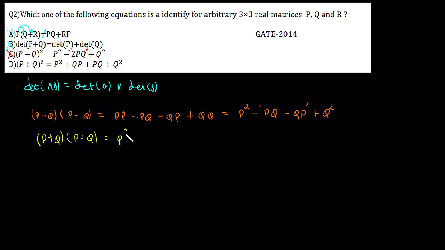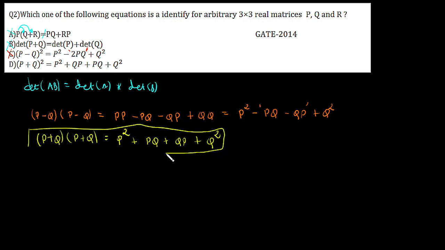Here I am getting P square plus PQ plus QP plus Q square. Now look at option D. They haven't added these two terms to make 2 times QP, but kept them as they are, as we are getting from here. So option D is the always correct statement about any three matrices P, Q, R. So option D is the correct answer. Let's move to the next question.